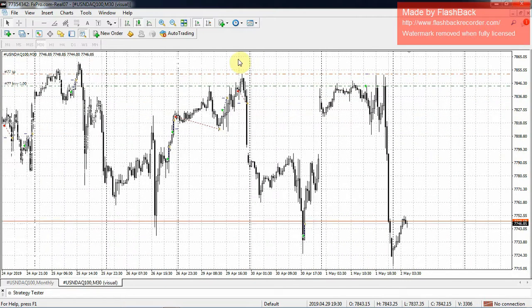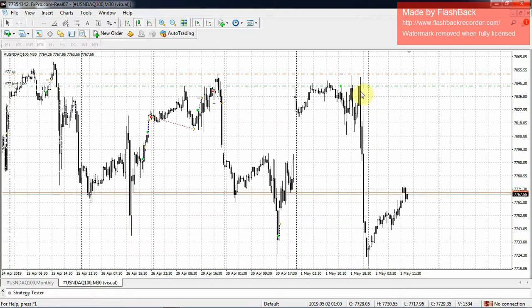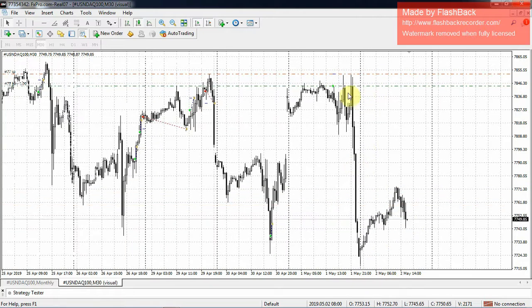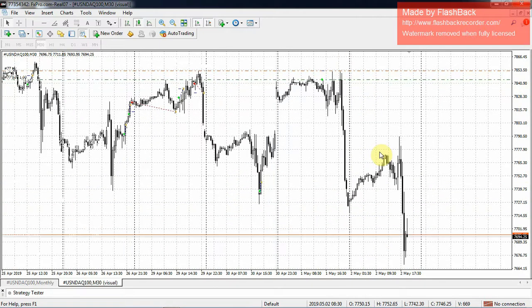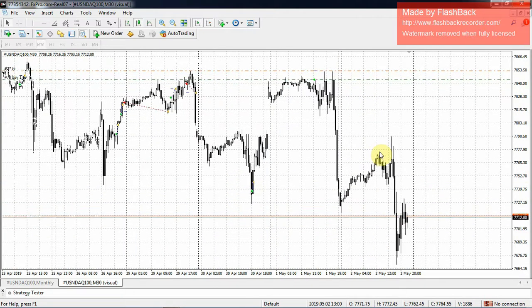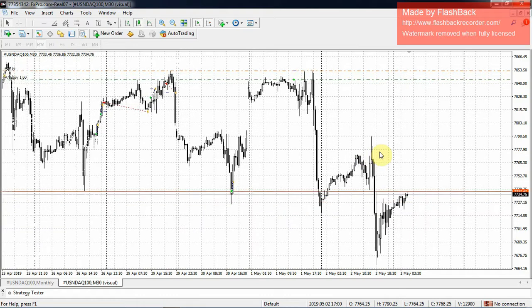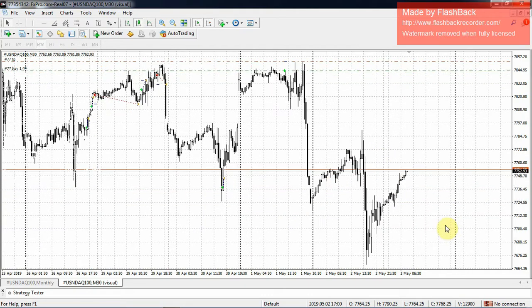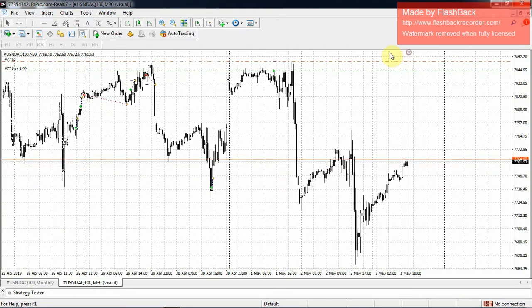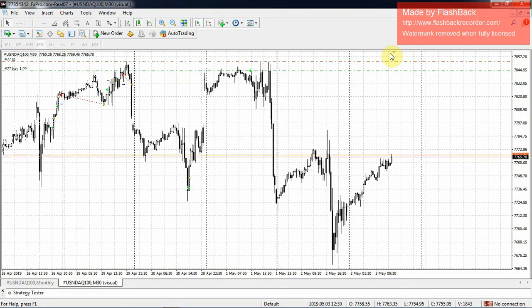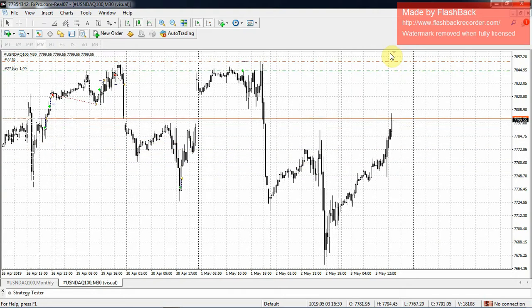Okay, so this one took long to hit our take profit. So we have days like this, but then Nasdaq100 is a buying market. So the robot is buying on strategic points whereby our stop loss won't get hit.